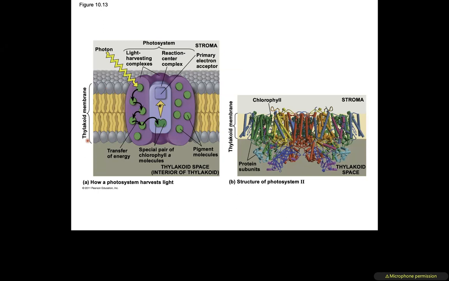That's what the membrane of the thylakoid is made out of. Out here on the outside of the thylakoid membrane is the stroma, the semi-fluid gel in the chloroplast. And on the inside of the thylakoid membrane is the thylakoid space. So it's important to know that.